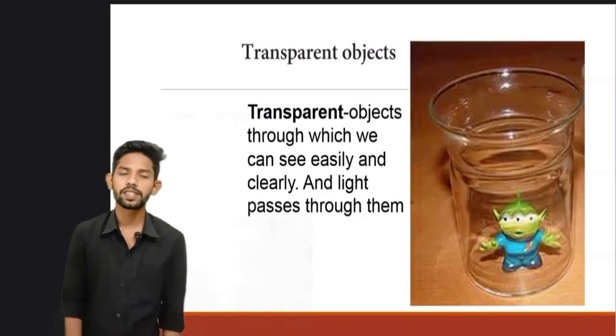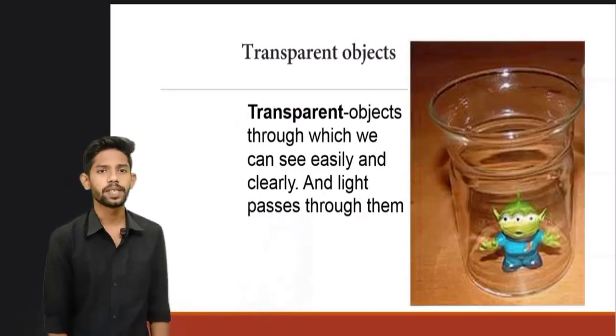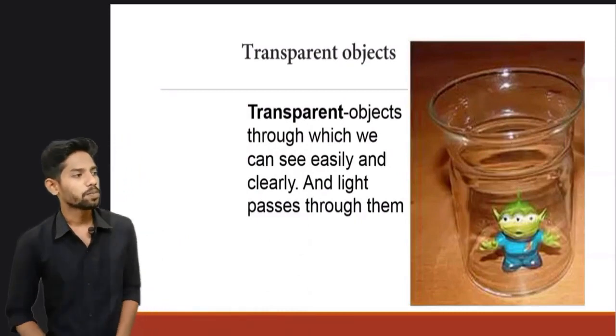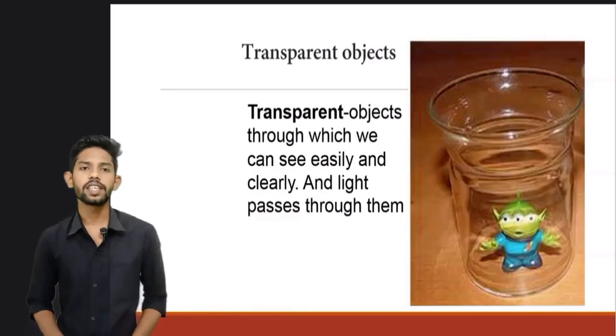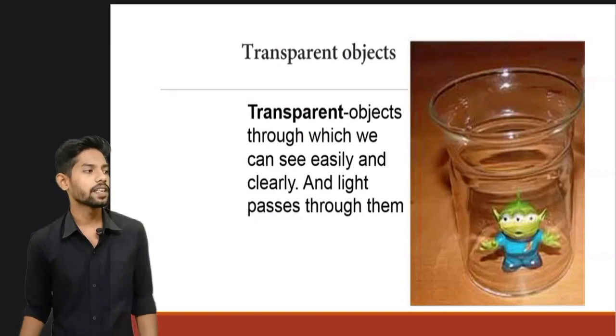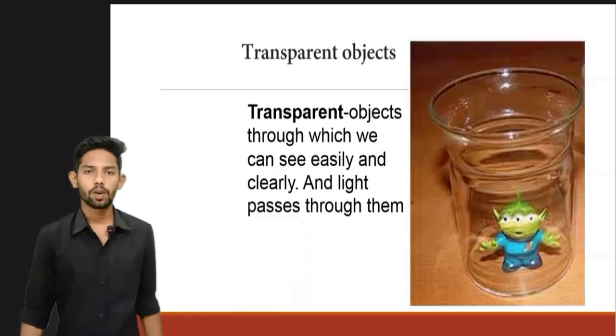The next topic is transparent objects. Transparent objects is a simple thing. Transparent objects are those objects through which we can see clearly and easily, and light passes through them.